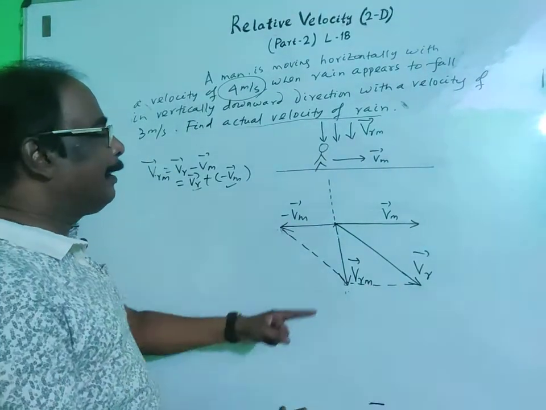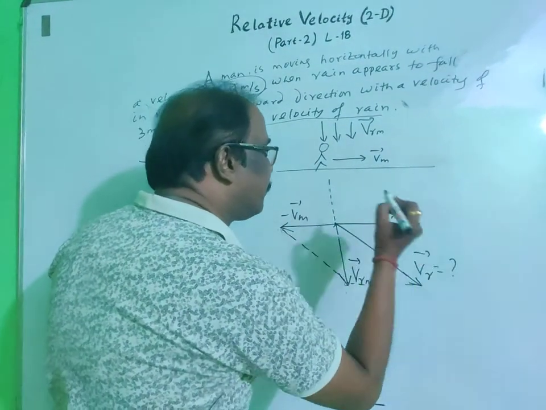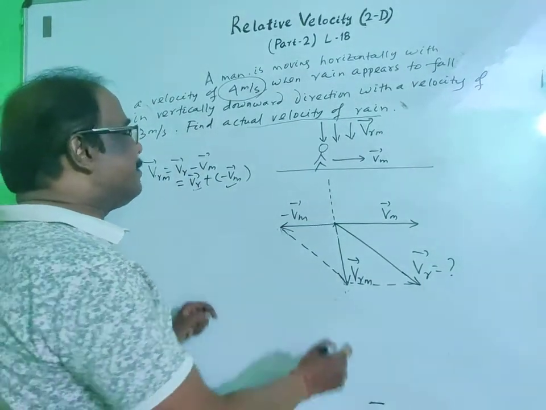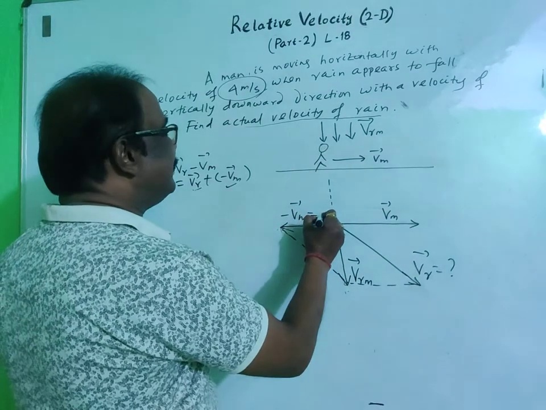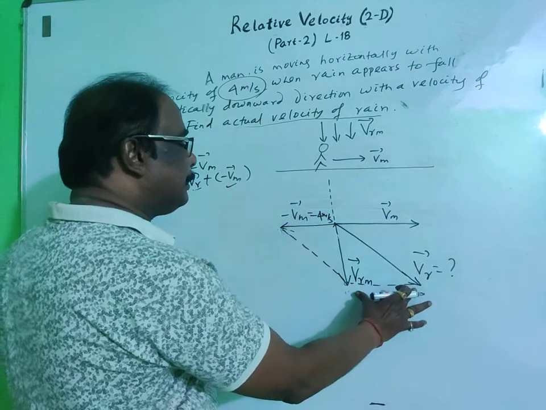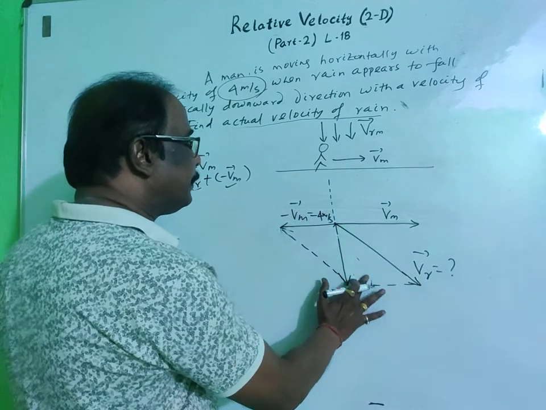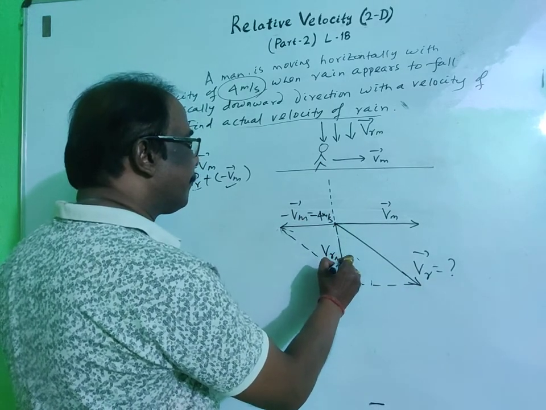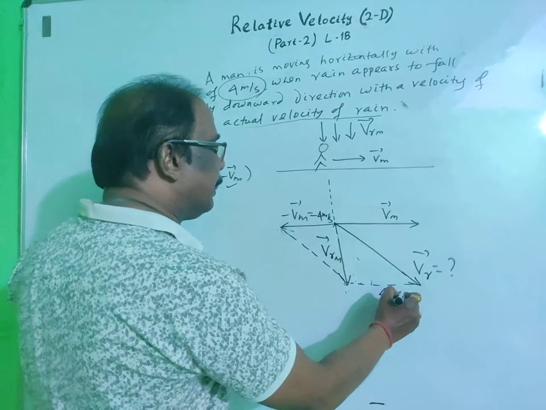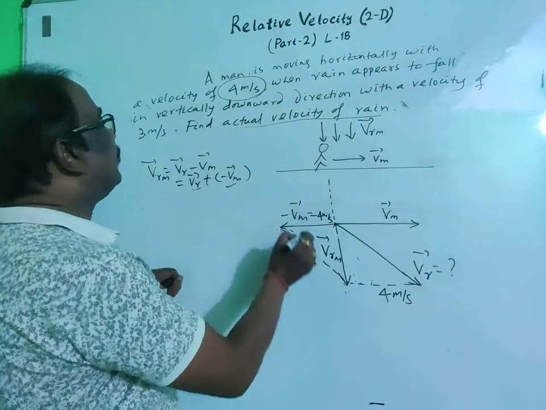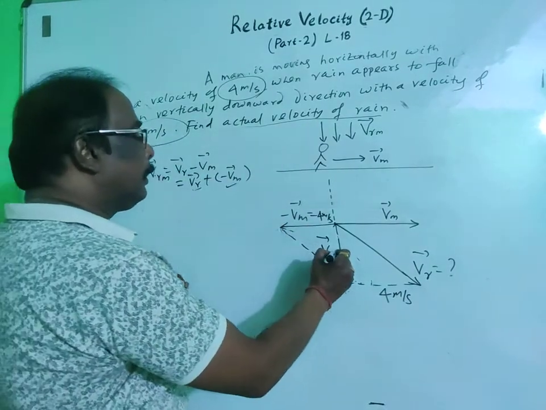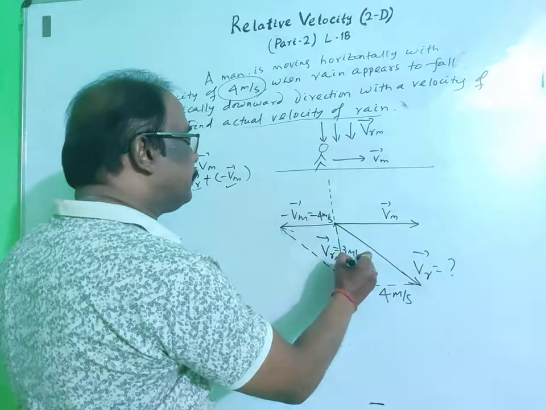Now we have to calculate actual velocity of rain, means we have to calculate Vr. Very easy. Magnitude of Vm is 4 meter per second. Length of this side is equal to length of this side. This is Vr. If this is 4 meter per second, length represents magnitude. This is also 4 meter per second, and rain appears to fall in vertically downward direction with a velocity 3 meter per second.